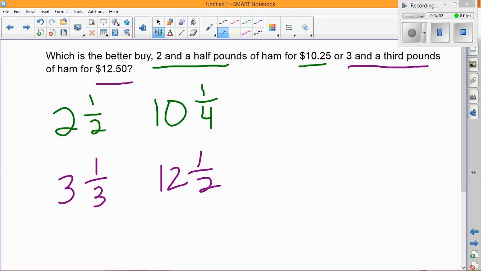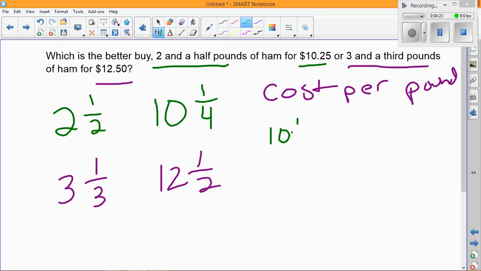So when we're talking about unit price, we want the cost per pound. So that means we take the dollar amount and divide it by the pounds. So we're going to end up with, for the first example, 10 1/4 divided by 2.5.